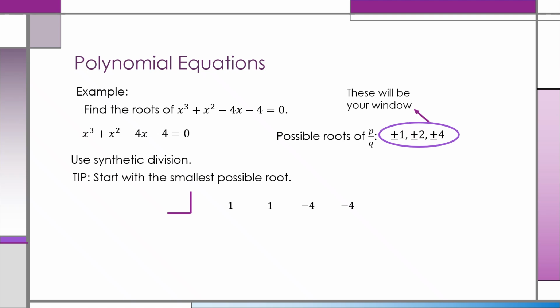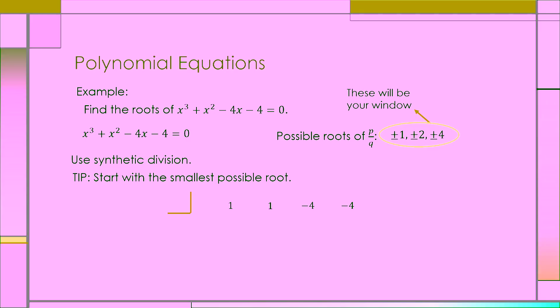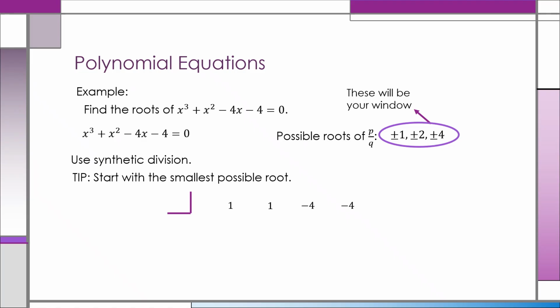But if the remainder is not 0, therefore, the possible root on the window is not your real root. So let's start first with the smallest possible root, which is 1. Preferably, the first one is +1.